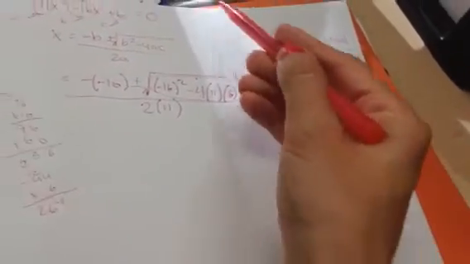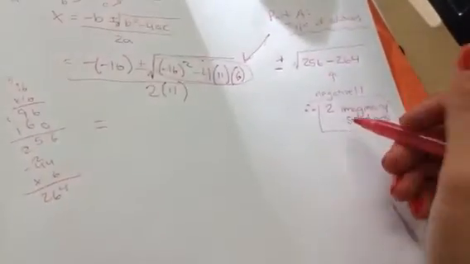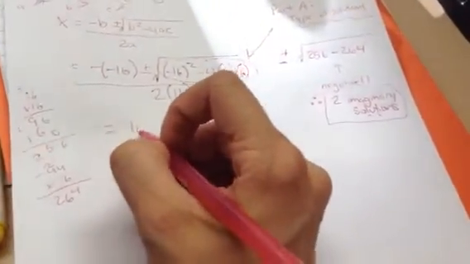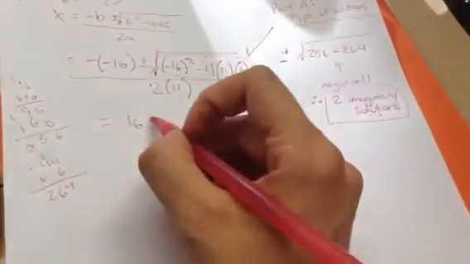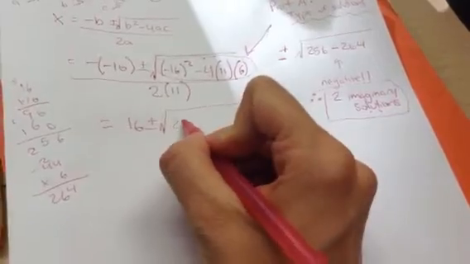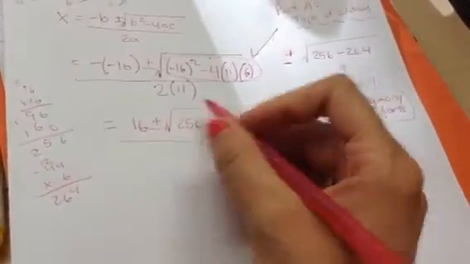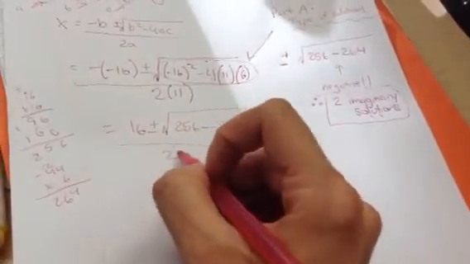Part B, we actually have to continue with the quadratic formula. So 16, needs to become positive, plus or minus square root of 256 minus 264 all over 22.